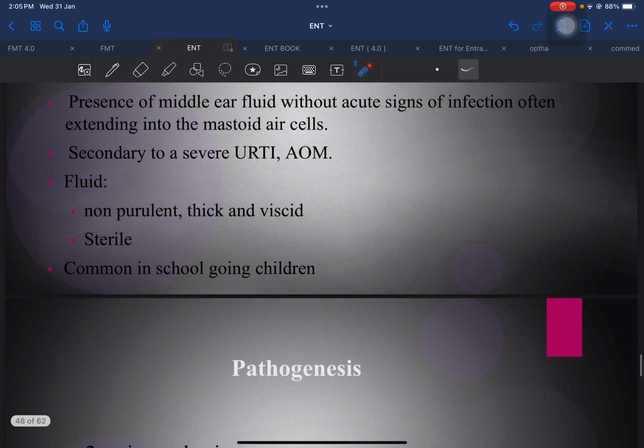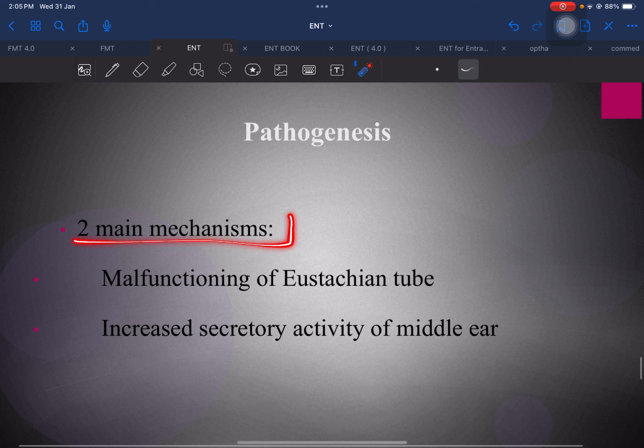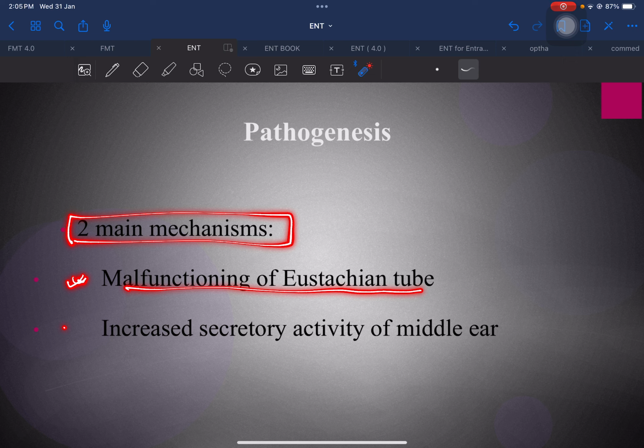Now talking about its pathogenesis, right? There are two mechanisms. The first one is malfunctioning of the eustachian tube. Here the eustachian tube fails to aerate the middle ear and is unable to drain the fluid of the middle ear, right? The other is because of increased secretory activities of the middle ear mucosa.